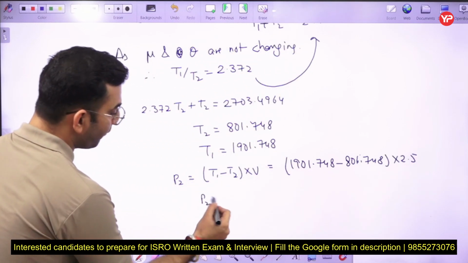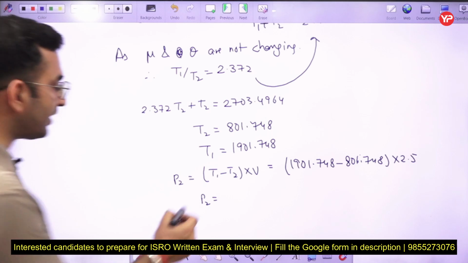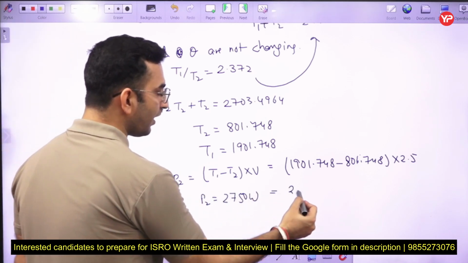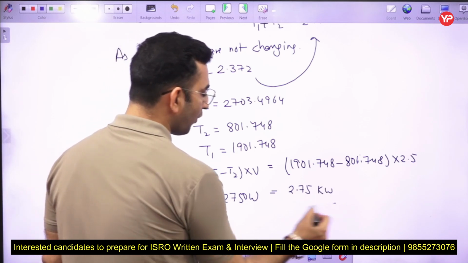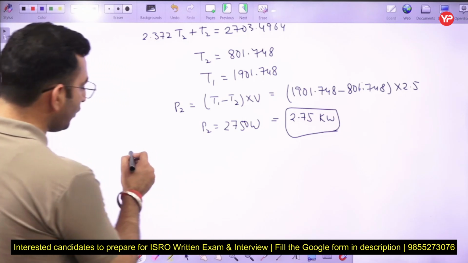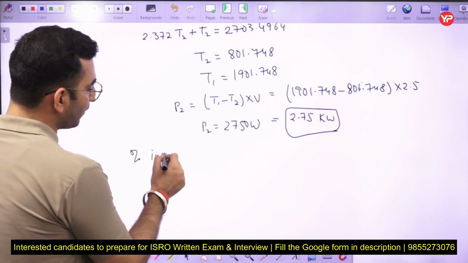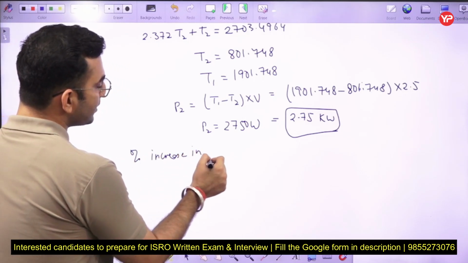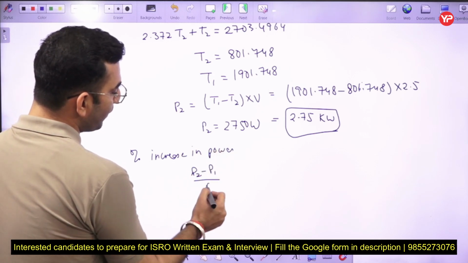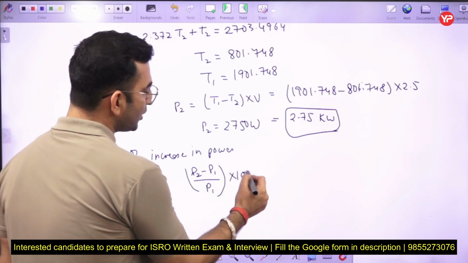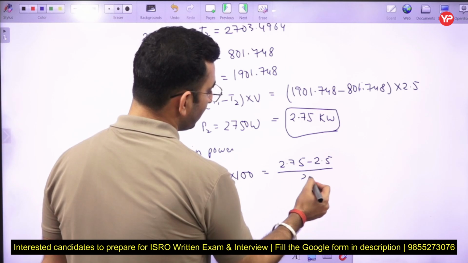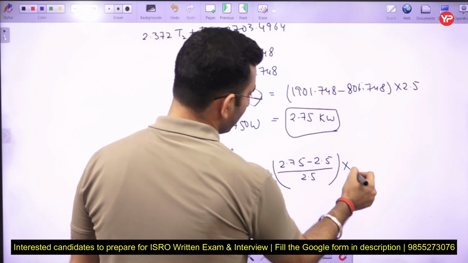So I can write the final power is going to be equal to 2750 watt here. Okay, or I can write 2.75 kilowatt. So therefore if you just calculate the percentage increase in the power, you are going to obtain (P2 minus P1) by P1 multiplied by 100, which is equal to (2.75 minus 2.5) by 2.5 multiplied by 100.